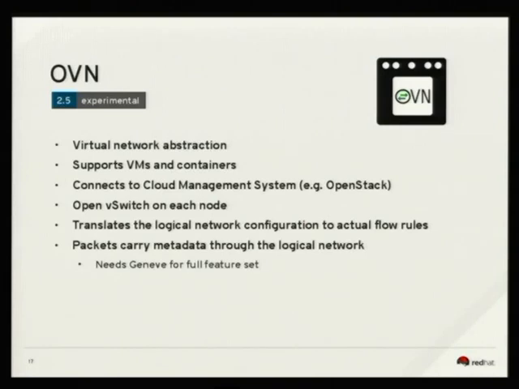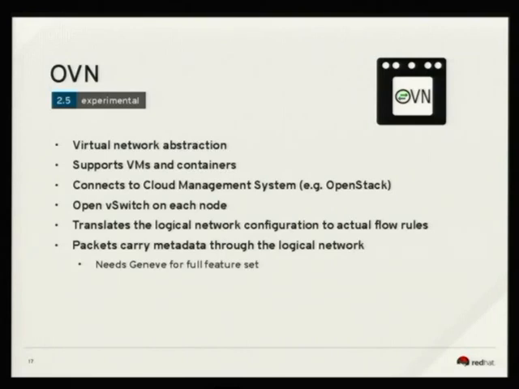It's an interface between so-called cloud management systems like OpenStack and Open vSwitch, and it takes the logical view of the network as those cloud management systems have, like OpenStack's view of the logical network, and translates this to actual OpenFlow rules on actual nodes.